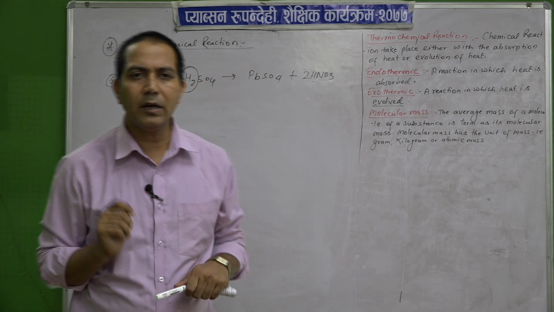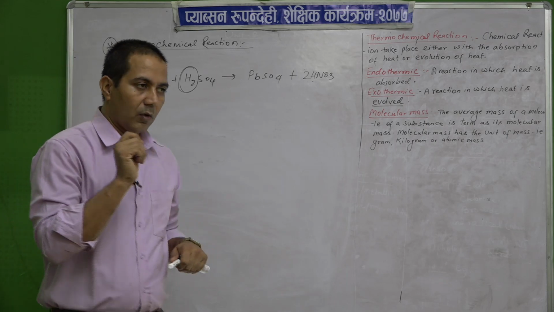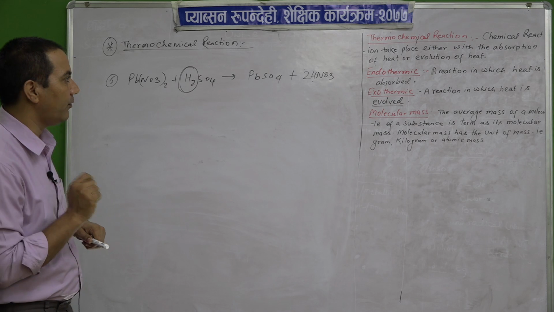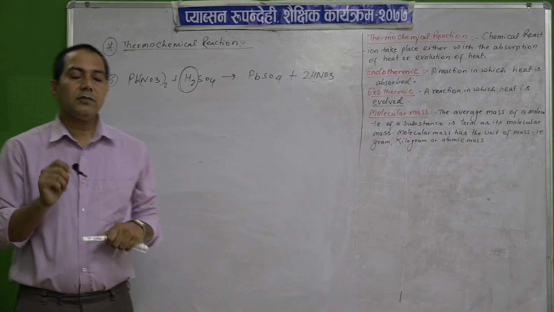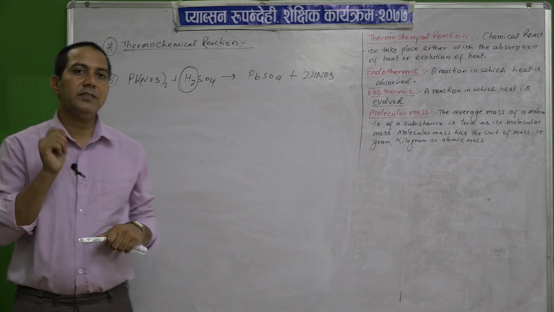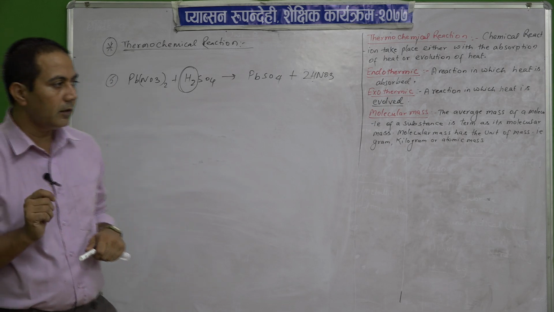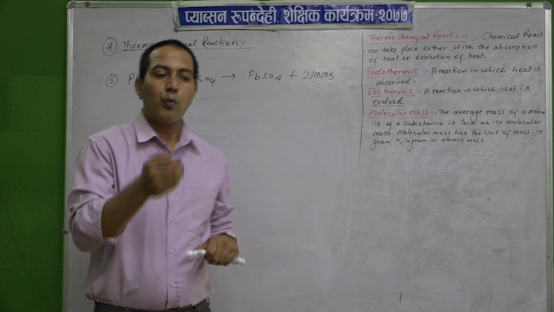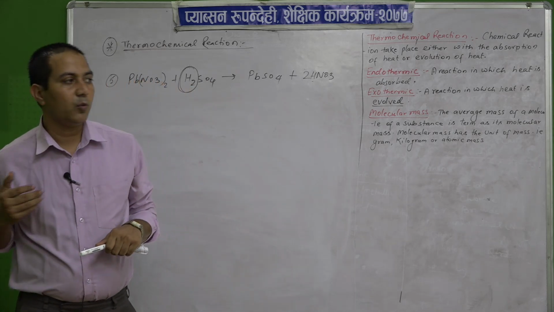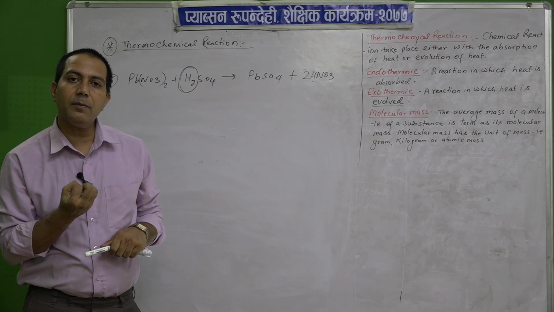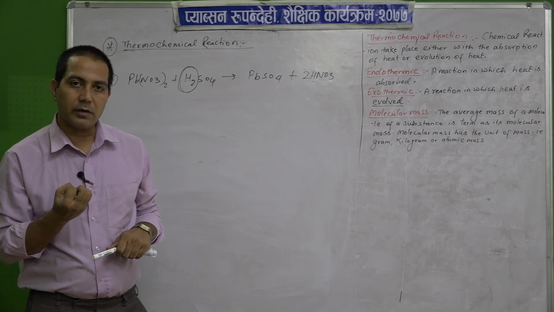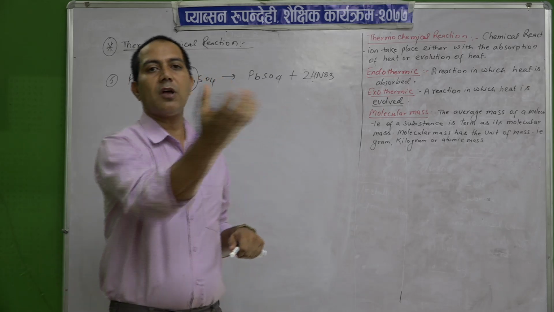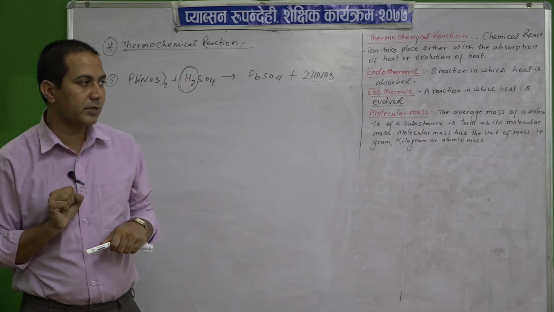Now comes to another point. How do we define thermochemical reactions? Chemical reactions take place with the absorption of heat or evolution of heat, liberating heat outside.